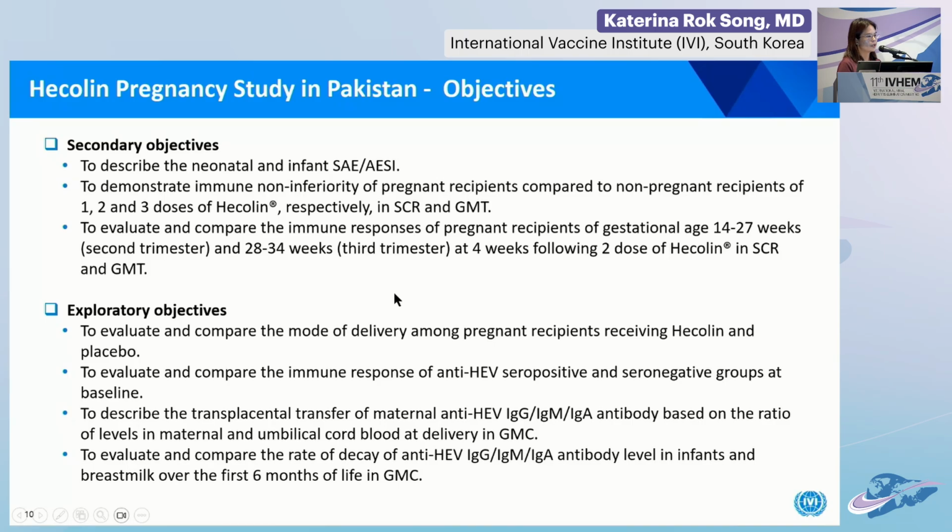We also wanted to explore the safety of the infants who were born from maternal participants, and we also wanted to explore the immunogenicity endpoints to see the transplacental transfer, and also evaluate the breast milk samples as well.